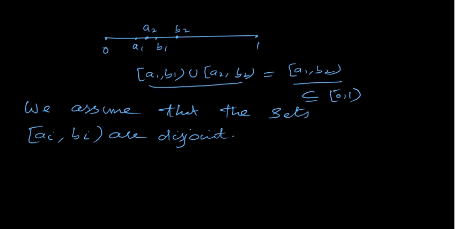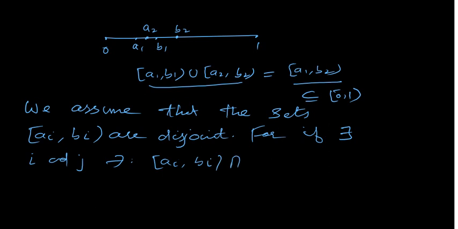So any two of them are disjoint. For if not, if there exist I and J such that the intersection of AI BI and AJ BJ is not equal to the empty set, suppose they intersect with each other.